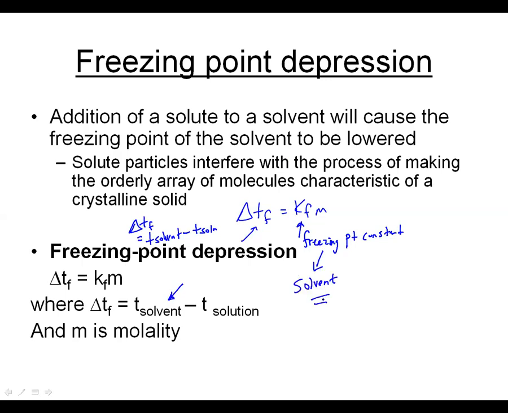So if this is an aqueous solution and the solvent is water, you would want to go to the table and find the freezing point constant for water, not sodium chloride, for example. So that's really important. And m here is our molality, as we just talked about. And that is our moles of solute divided by kilograms, moles of solute over kilograms of solvent.